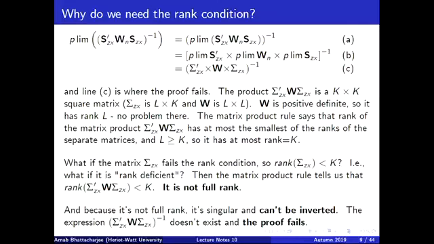So line C is where the proof will fail, right? W is positive definite, so it has rank L, so that is not a problem. But the matrix product requires the rank of this guy to be adequate, right? If we do not have adequate rank there, then we are going to have a problem.